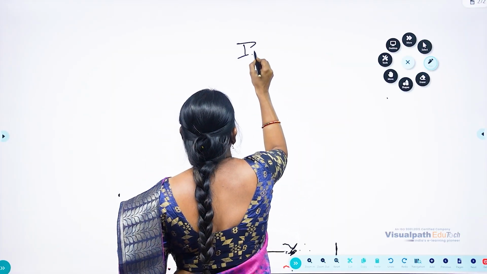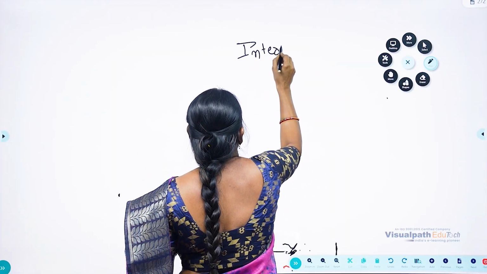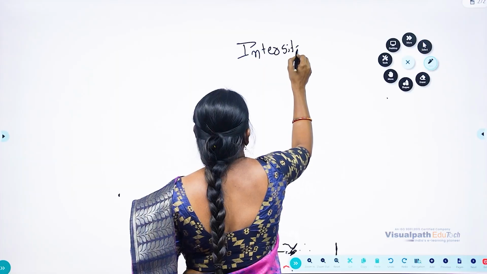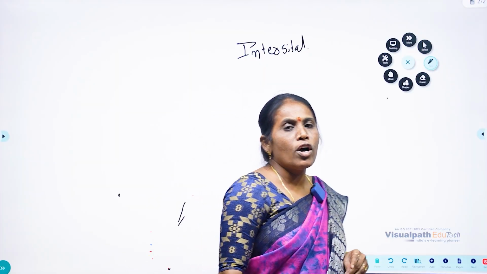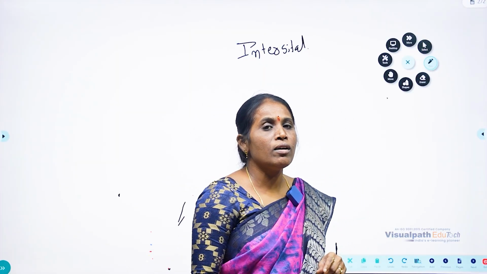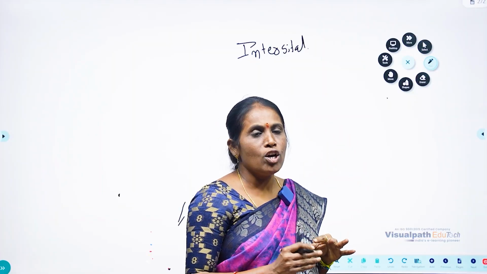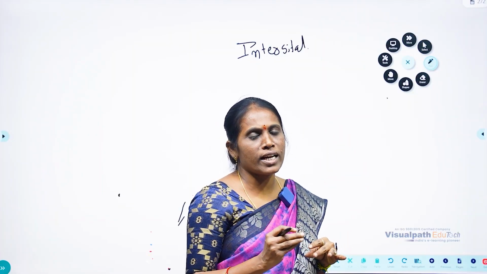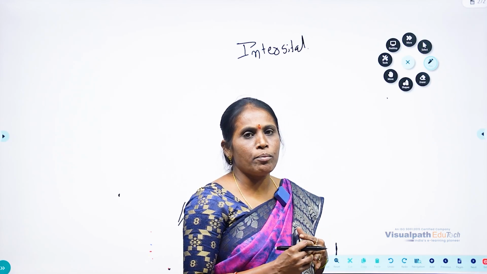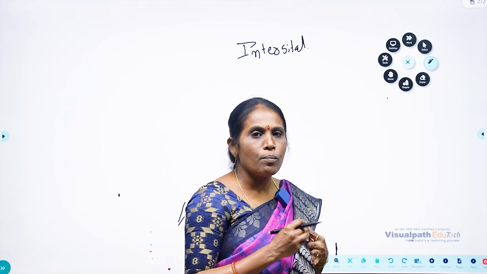And last one is the interstitial. Interstitial carbides involve the transition elements, like zirconium, vanadium, palladium, molybdenum.